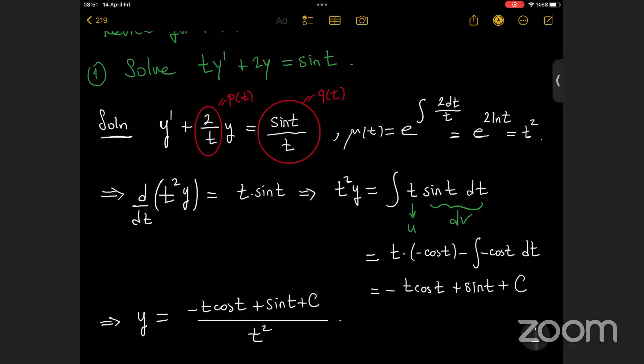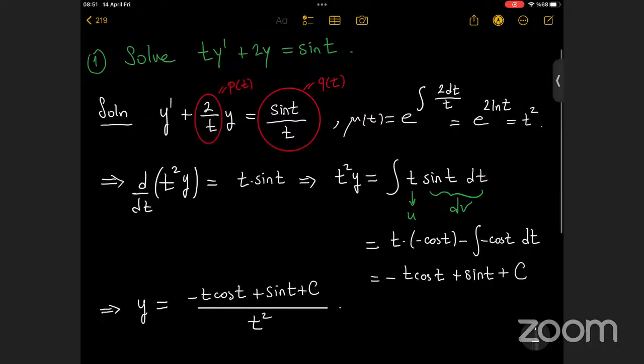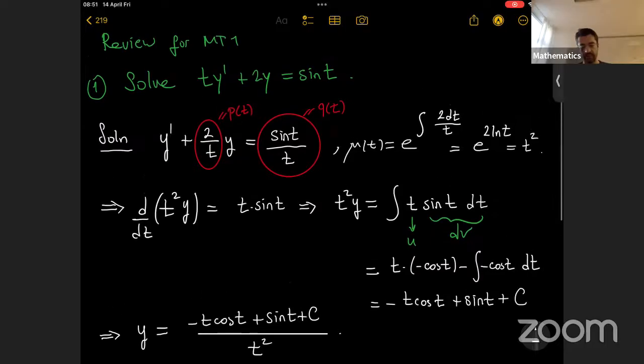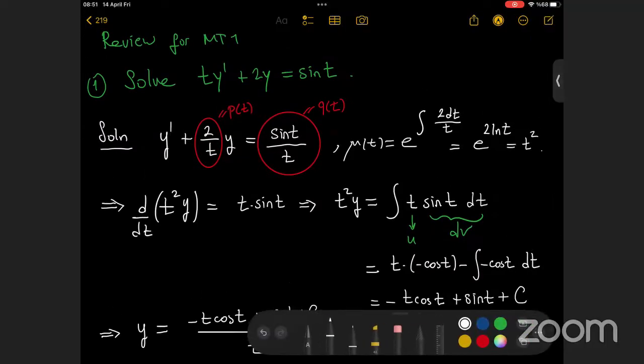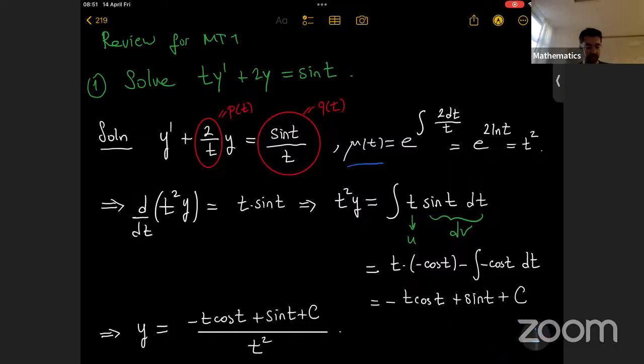Could you repeat the part after we have found the integrating factor, please? Well, once you find this integrating factor, this becomes that one. So basically, if you expand this, what is this here?